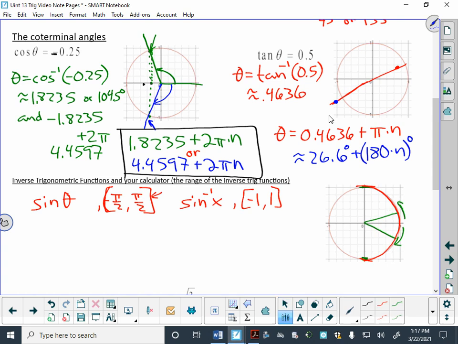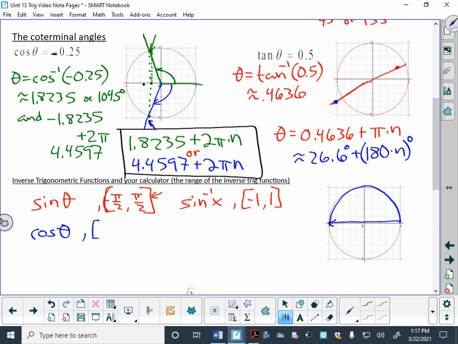If I'm talking about cosine, cosine is the x values, and so as I go from here to here, I get all of my x values from 1 to negative 1 as I rotate from 0 to pi.